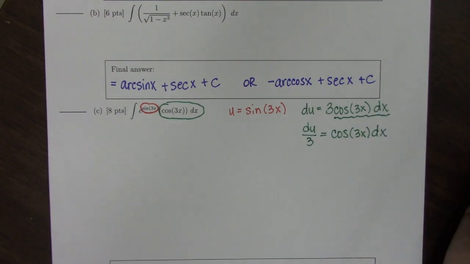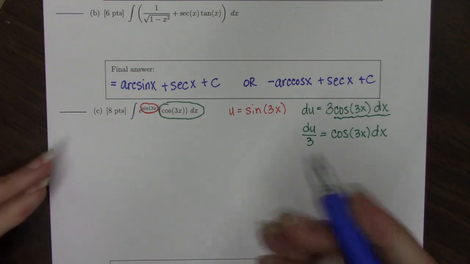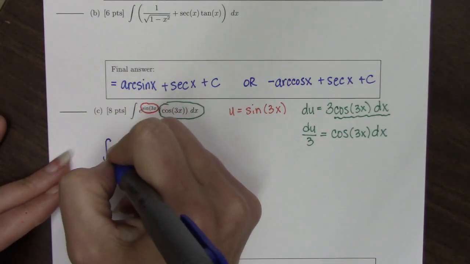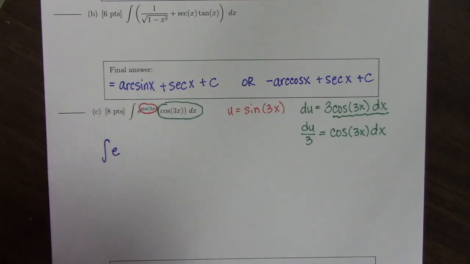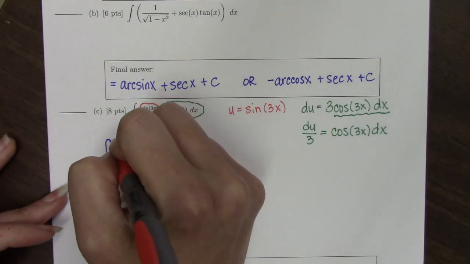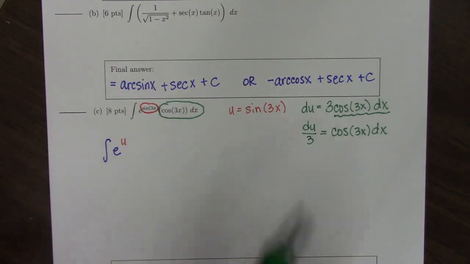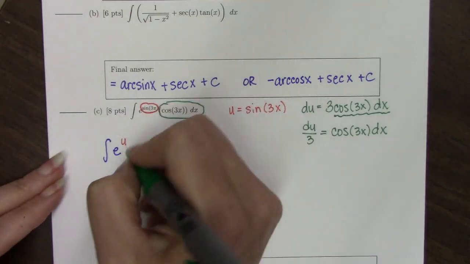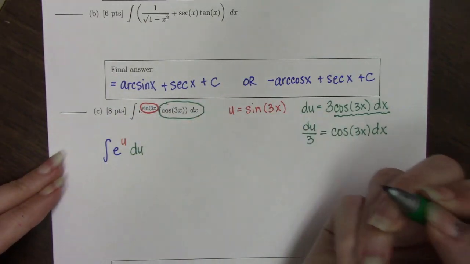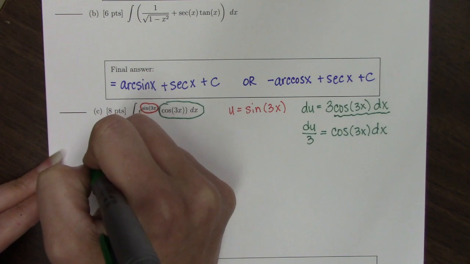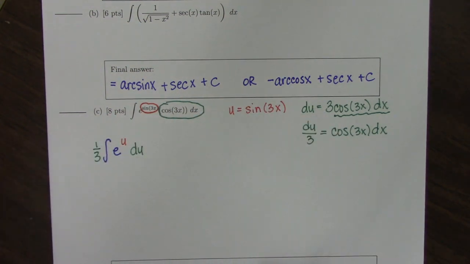I'm now ready to translate my integral into my new variable. So this is going to be the integral of e to the u. All of this is du over 3, and I'm just going to move the 1/3 out front to make it easier for me to integrate.